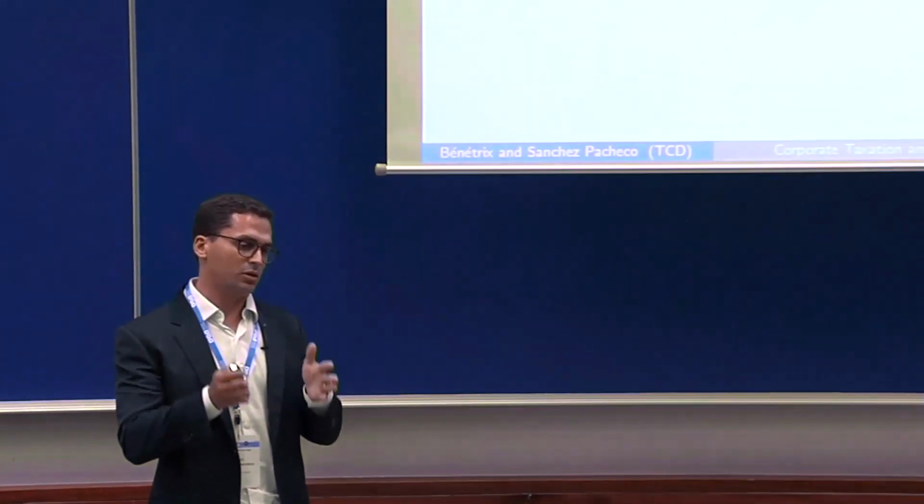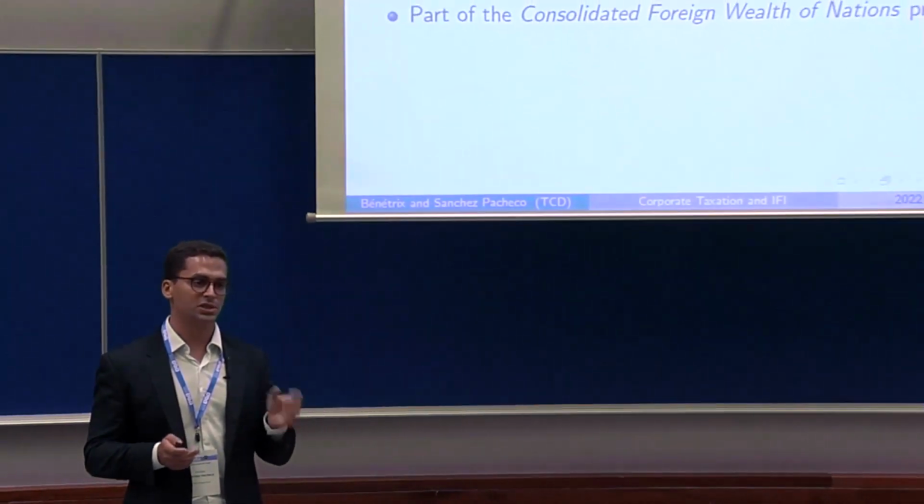Now, how do we construct the US consolidated by nationality foreign balance sheet? Luckily, there's a lot of good publicly available data for the US. So we use data from the BIS, the BEA, the Federal Reserve, and the US Treasury. We follow a methodology that was pioneered by the BIS, which constructed the consolidated by nationality foreign balance sheet for one single year.